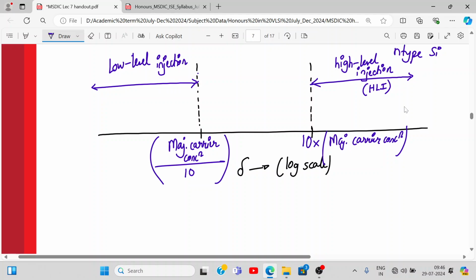All right. And in between them, we have intermediate level injection. Intermediate injection level. This is LLI.